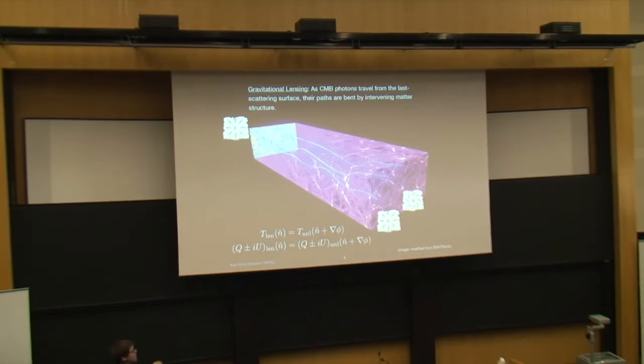The travel paths are bent by structure, and the way that we describe this is a remapping. This causes a remapping of the apparent arrival position of these photons, and we can describe that with the gravitational lensing potential phi. This is an integrated gravitational lensing potential that we can use to describe CMB lensing. So this is the quantity. When we say phi reconstruction, we're making actual maps of this quantity.